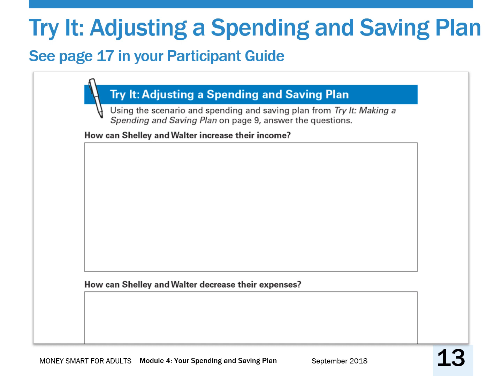So let's return to Shelley and Walter and their spending and savings plan. When we compared their monthly income and expenses, we saw their net income was not enough to cover their expenses. We can now think of ways they can adjust their spending and savings plan by increasing income and decreasing expenses. You may not know for sure if your ideas will work for Shelley and Walter, but you can make suggestions given their priorities.